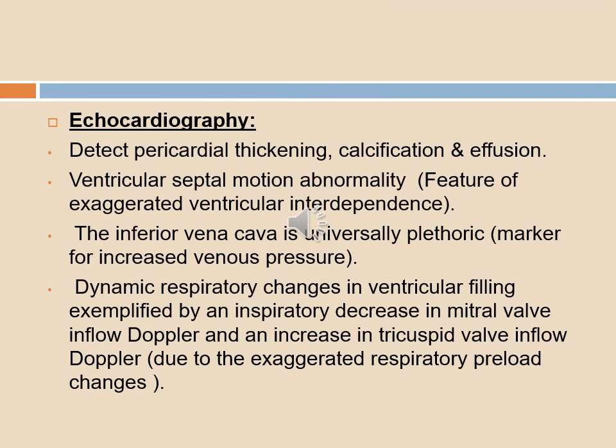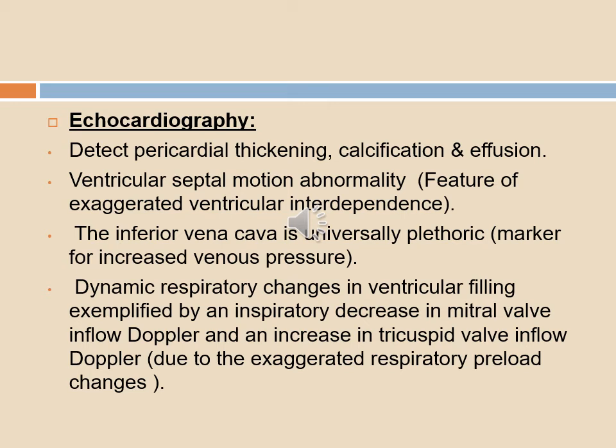Of course, the echocardiography is the most important one. You could detect pericardial thickening, calcification, and effusion, and you could know the level of effusion, mild, moderate, or severe. The ventricular septal motion abnormality, which is a feature of the exaggerated ventricular interdependence. The inferior vena cava is universally plethoric, distended, which is a marker of the increased venous pressure.